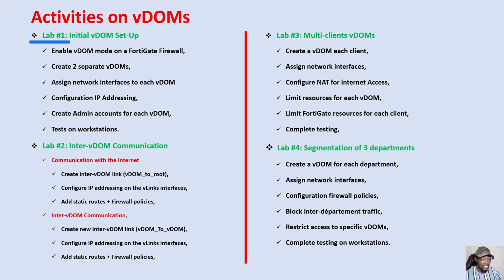With this, we have a better understanding of the advantages and limitations of vDOMs, the benefits of having vDOMs over VLANs, and also the advantages of having VLANs over vDOMs. You also know from this video the use cases where it is better to apply VLANs, and the other use cases where it is preferable to apply vDOMs.